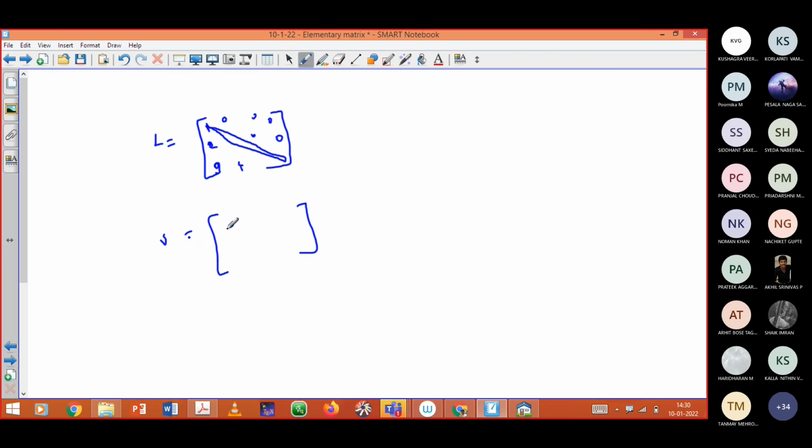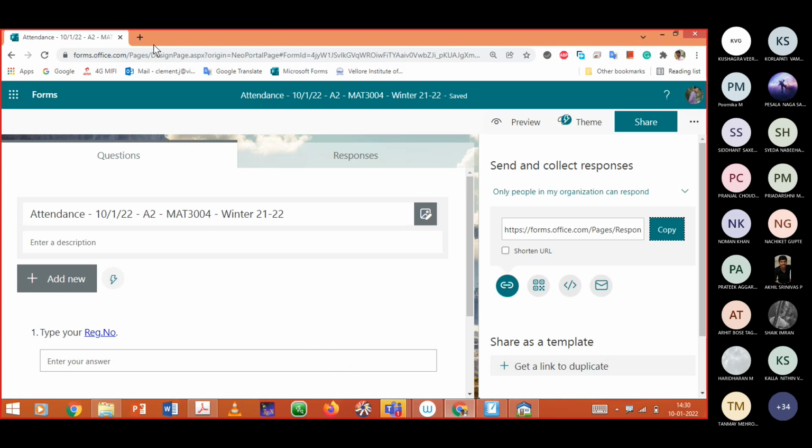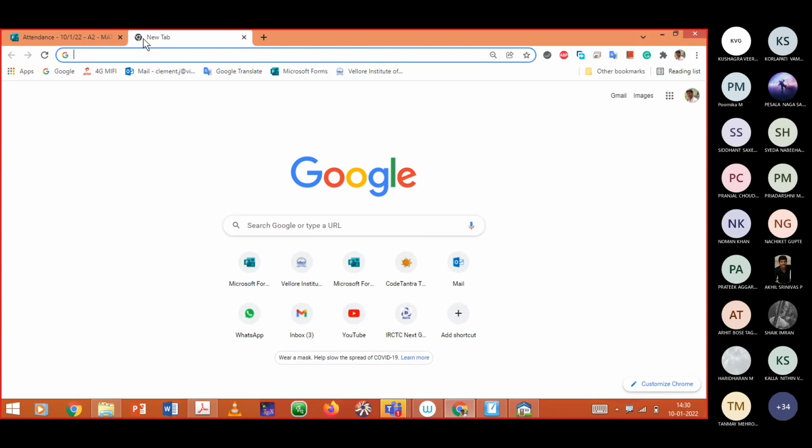In the upper triangular matrix, it is completely opposite. The non-zero elements will be at the top, that means above the diagonal, and below the diagonal the elements will be zeros. If you Google it, you can get some examples.